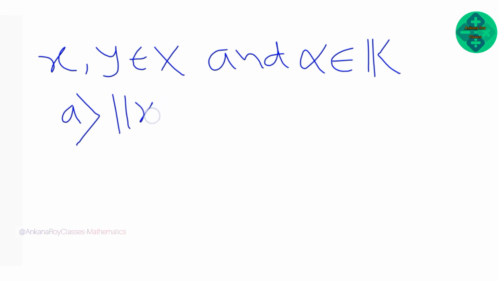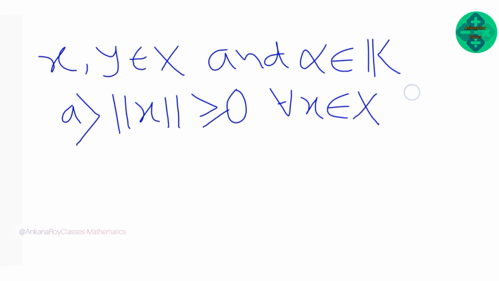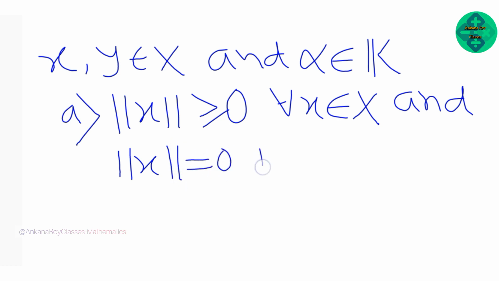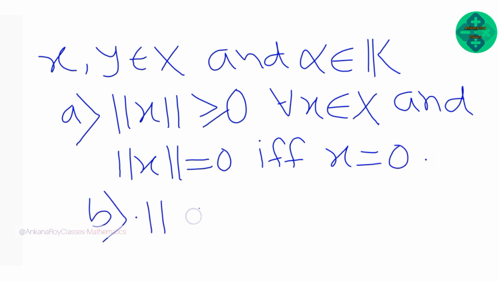norm x greater than or equal to 0 for all x belongs to capital X, and norm x is equal to 0 if and only if x is equal to 0. Second, norm alpha x is equal to mod alpha into norm x.